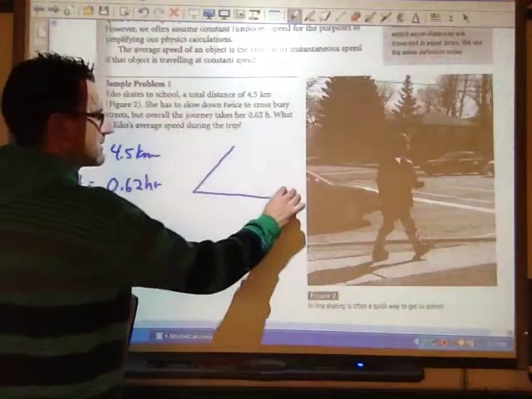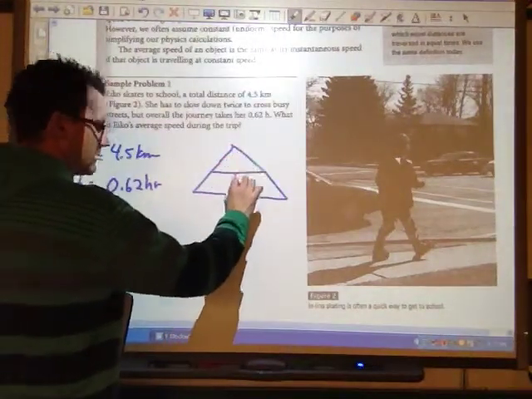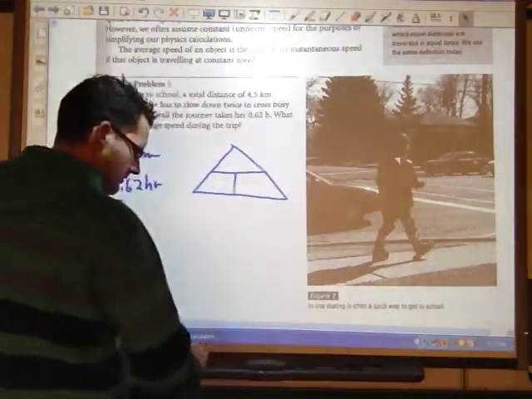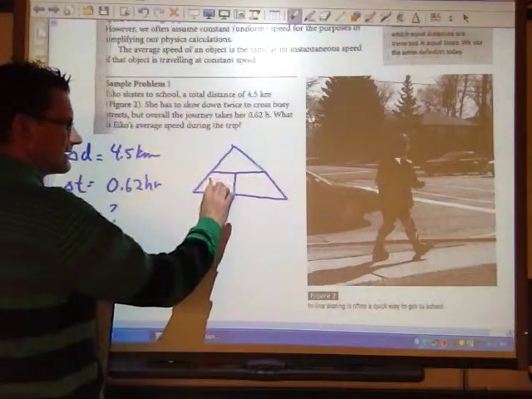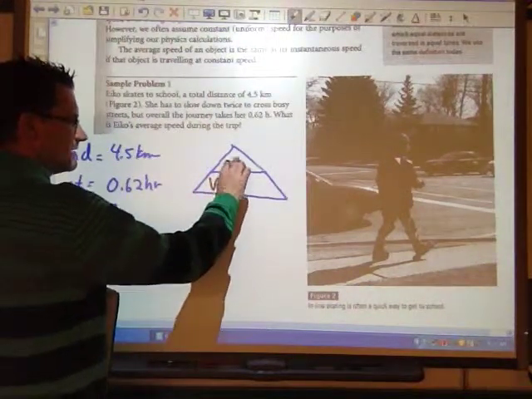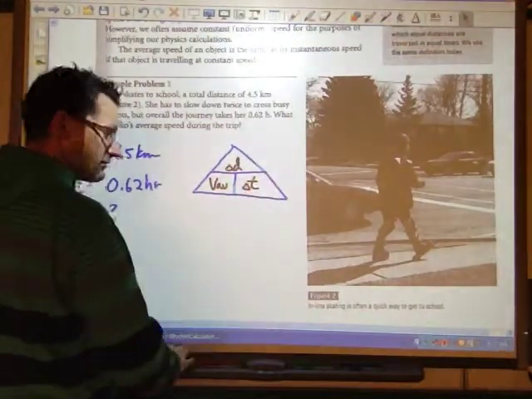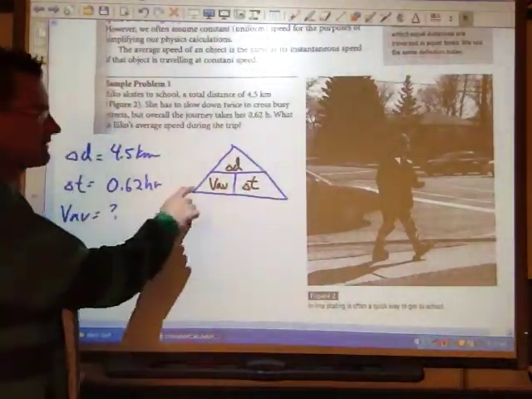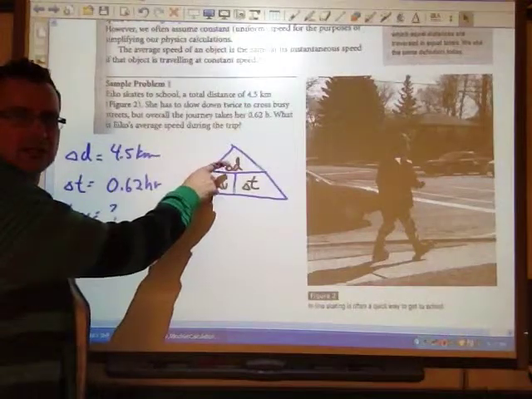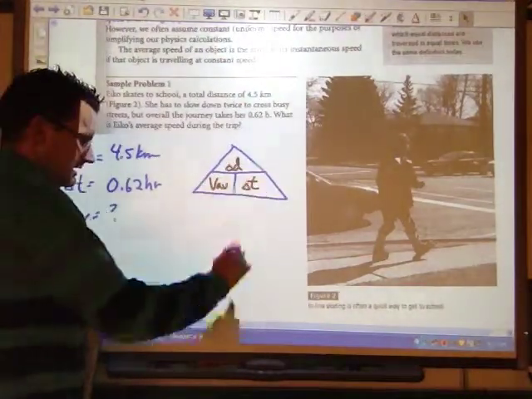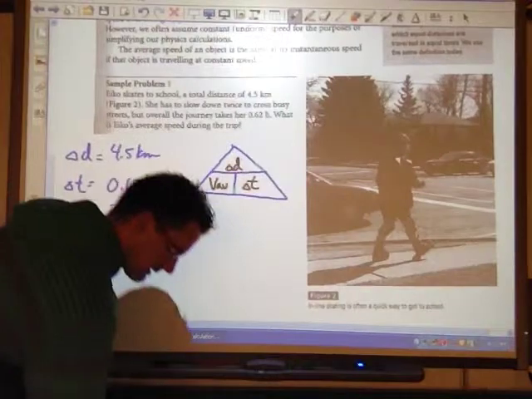And of course, if we take a look, revert it back to the triangle of terror, or pyramid power, V average equals D over T. So we're just using the regular version of the formula here. We're looking for V, so it's D divided by T. Easy enough.